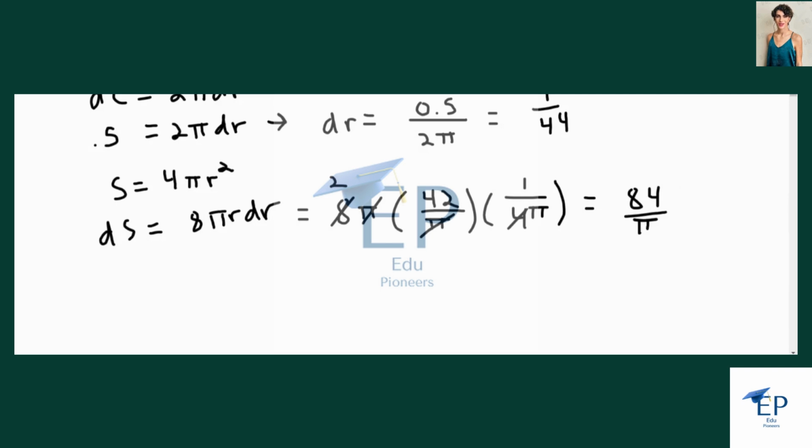And we're told that everything is in centimeters, so we'll have centimeters squared. When you actually divide this out, it comes out to approximately 27 centimeters squared. Okay, 84 divided by pi.